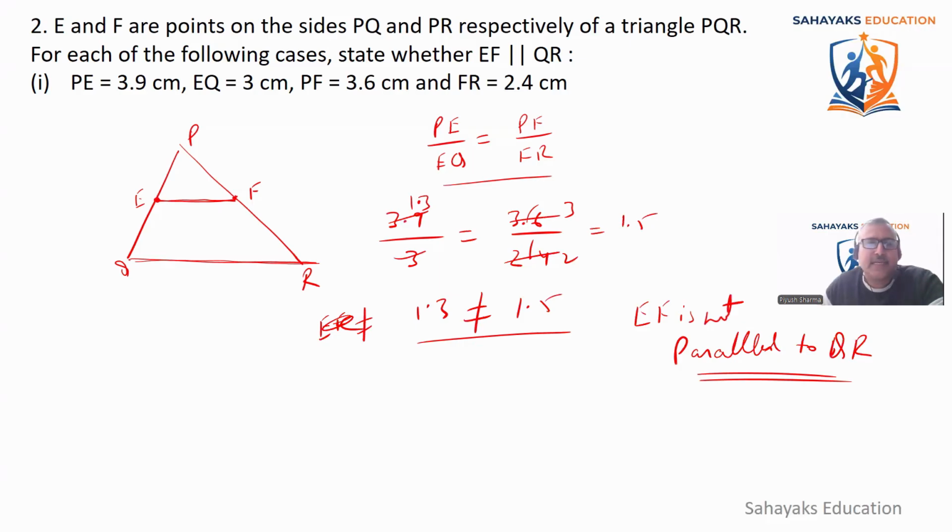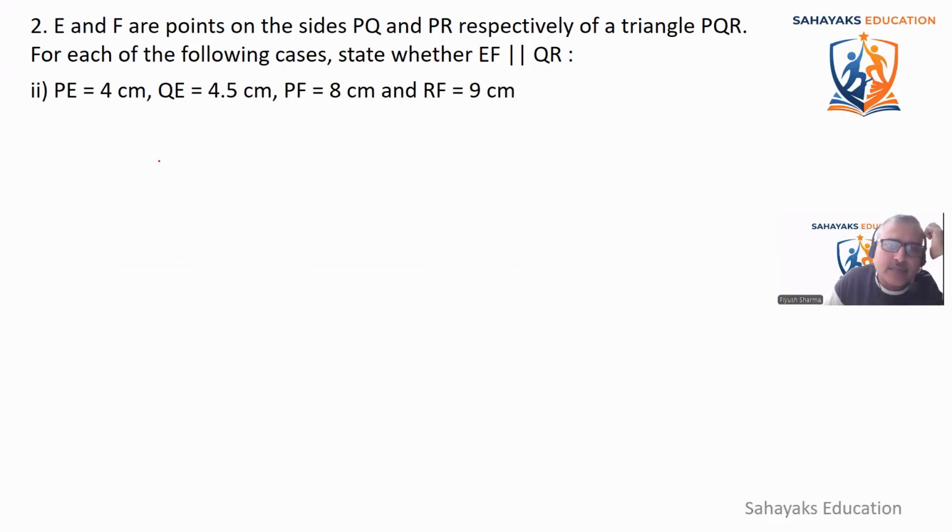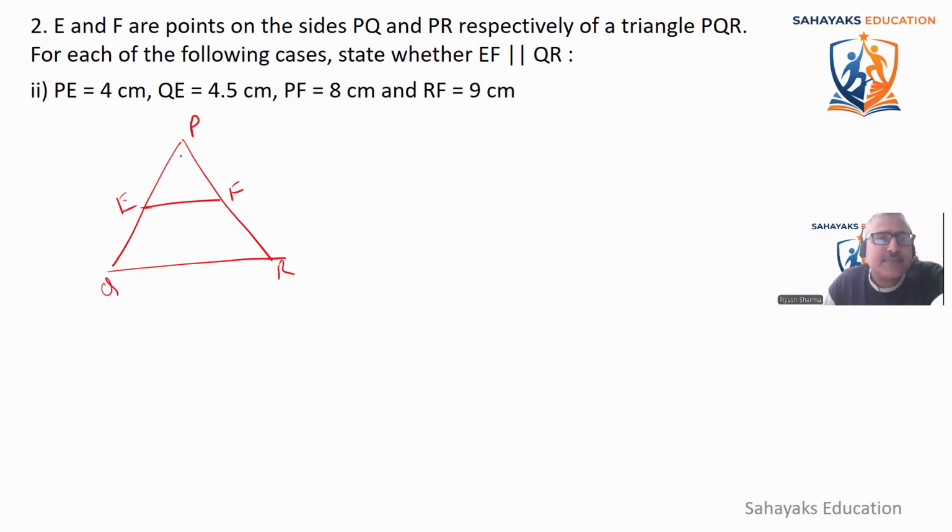Coming to the second case. Again, we'll do the same thing. We'll make a triangle, and these are the 2 points P, Q, and PR. Okay, this is E and this is F. Again, we'll check the same thing. PE is given as 4. QE is given as 4.5. PF is given as 8. RF is given as 9.